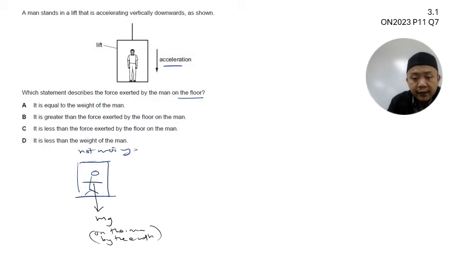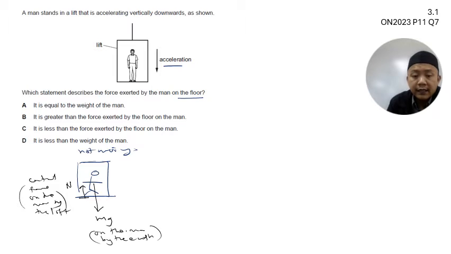And also we have the contact force. Let's label this as N, the contact force on the man by the lift. So these are the two forces acting on the man when he is within the lift.